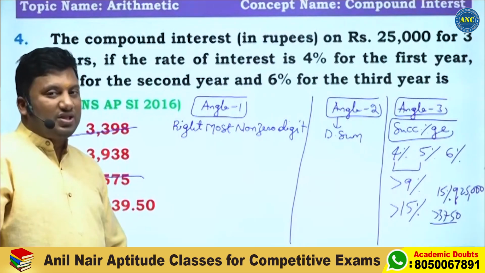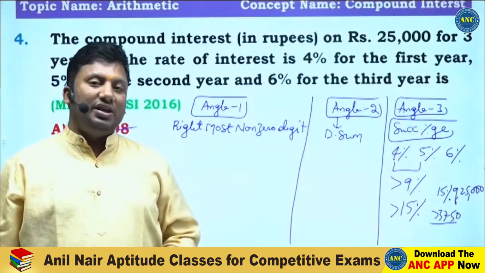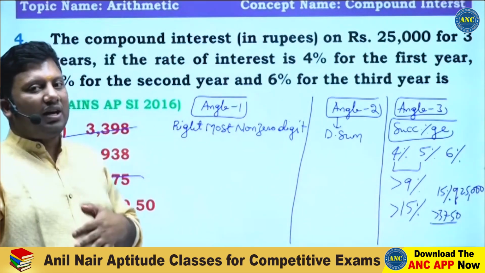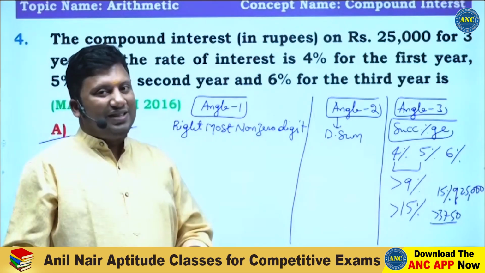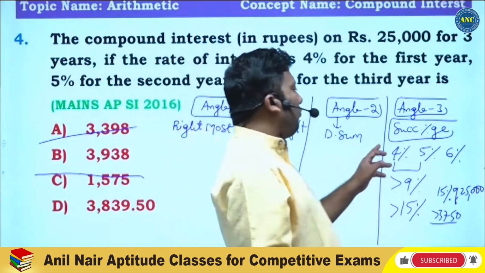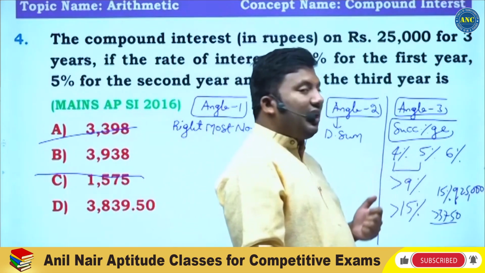A plus b plus ab by 100 is the notation for a successive percentage change. If the percentage increases are a and b, the overall percentage increase is a plus b plus ab by 100. For 4 and 5, the overall increase is greater than 9%.